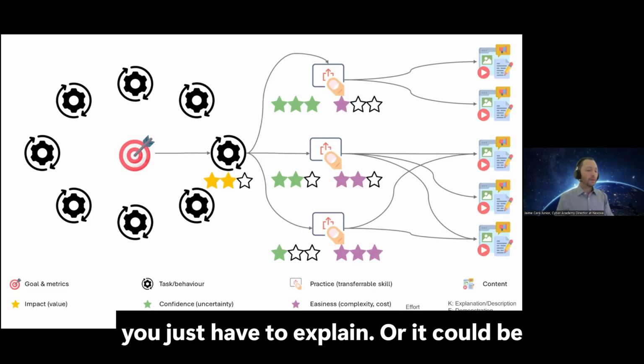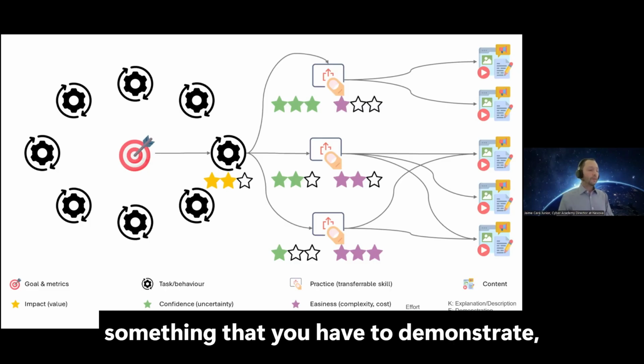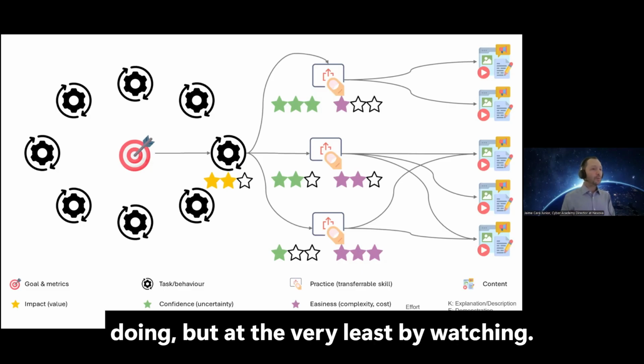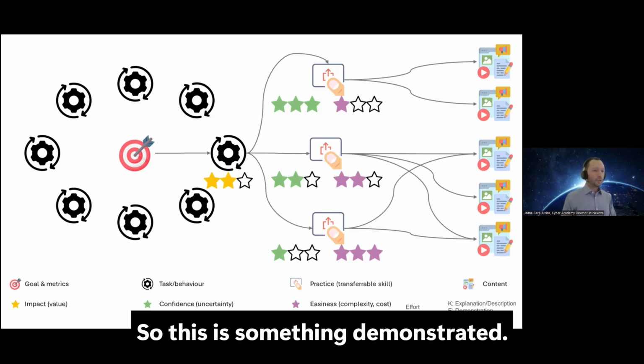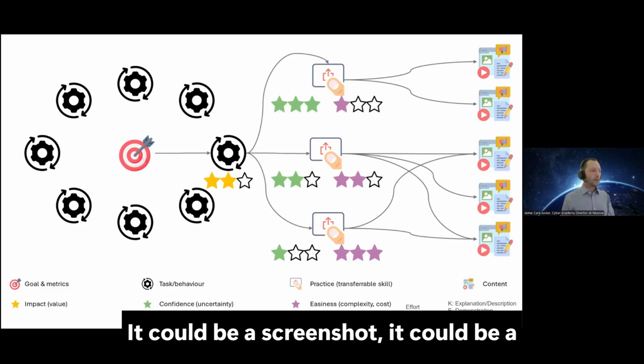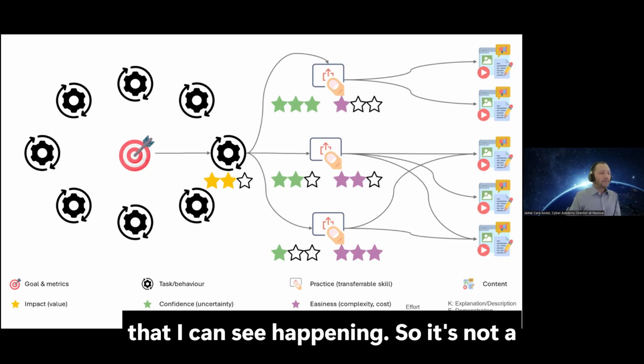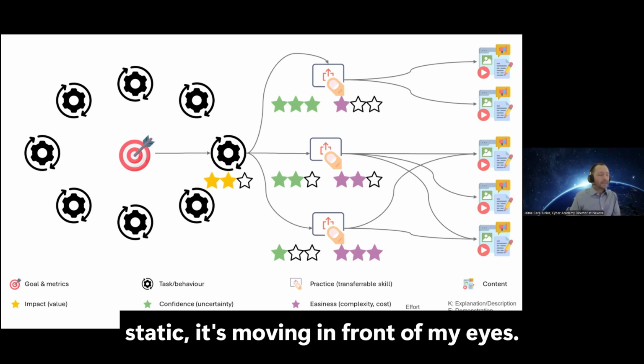Or it could be something you have to demonstrate, to experience, not by doing, but at the very least by watching. So this is something demonstrated. It could be a screenshot, a video, anything I can see happening. So it's not static; it's moving in front of my eyes.